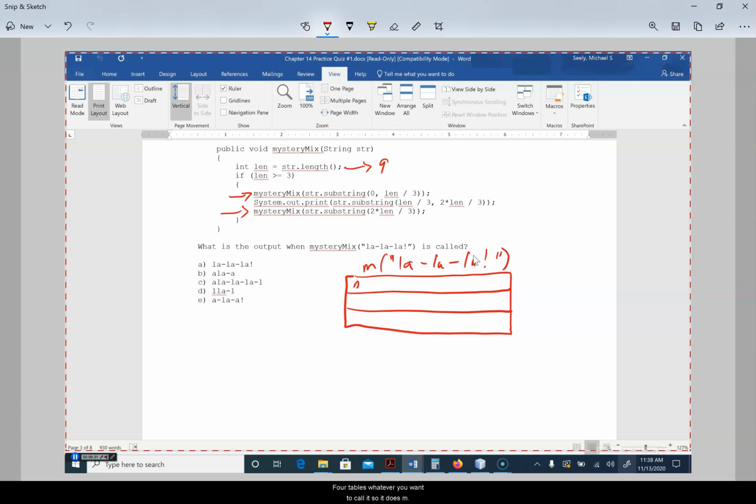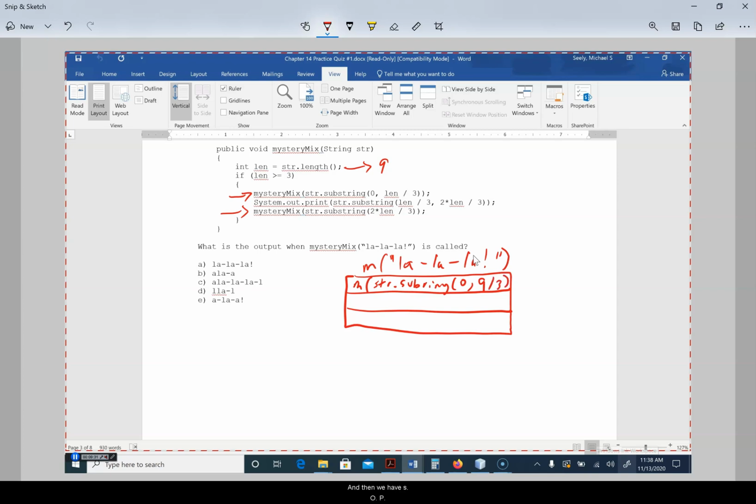So it does M, and it does the what? Substring, which is str.substring(0, 9 divided by 3).